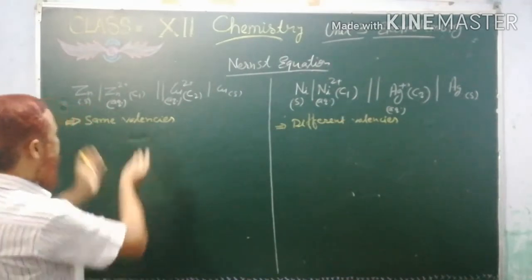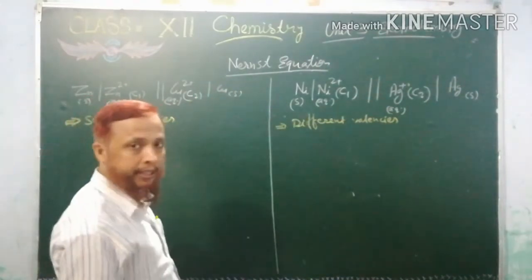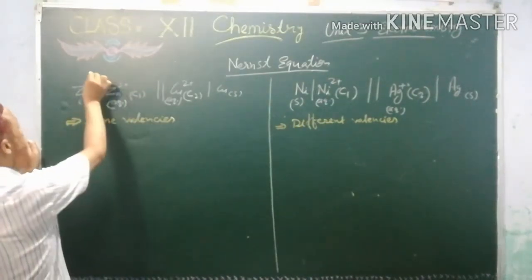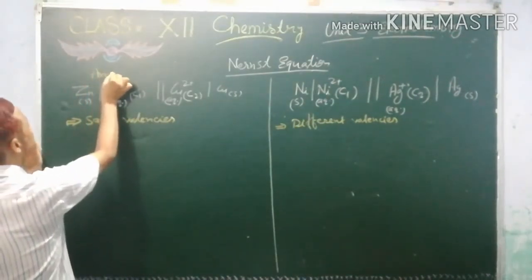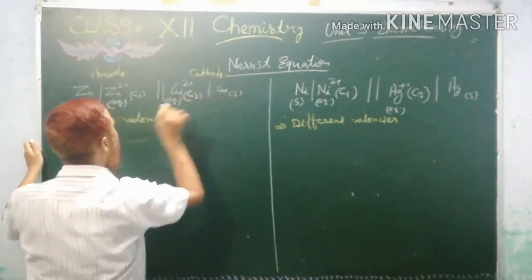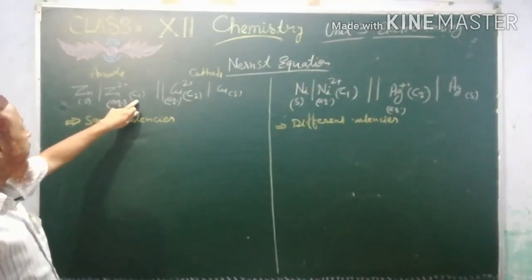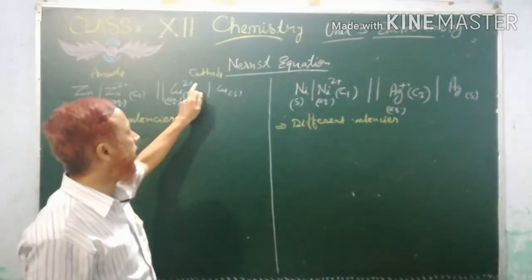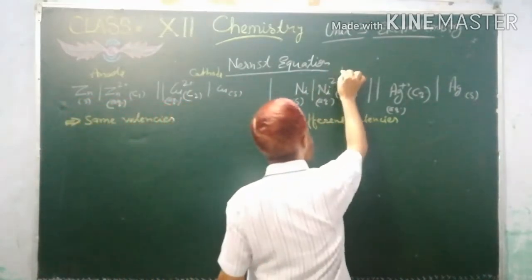You know that in this type of representation of galvanic cell, this left hand side of the salt bridge is the anode and that is cathode. So remember, C1 is the concentration at anode and C2 is the concentration of ions at cathode, and same here also.